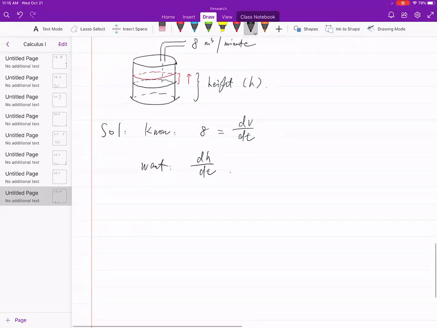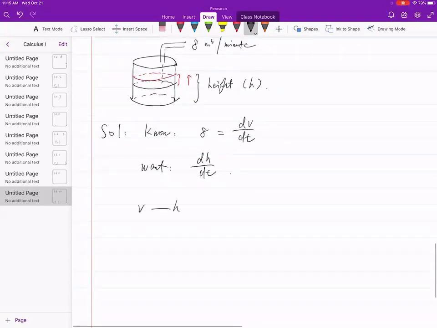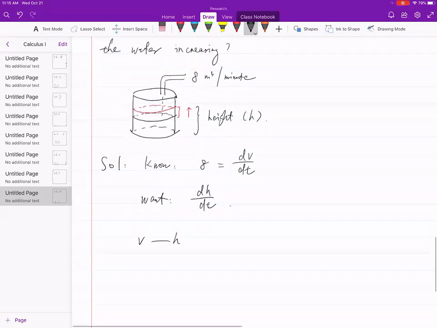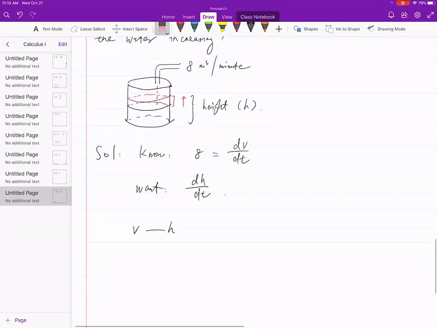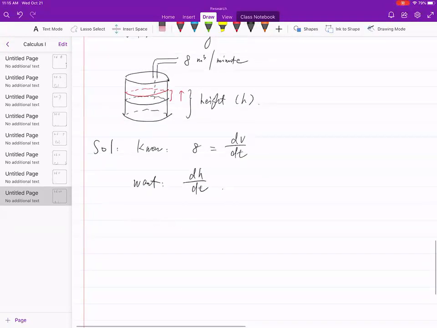Once you have that, clearly you want to find a relation between V and H. So what do you know about a formula of the volume of a cylinder which involves the height H? Well, V equals base times height.